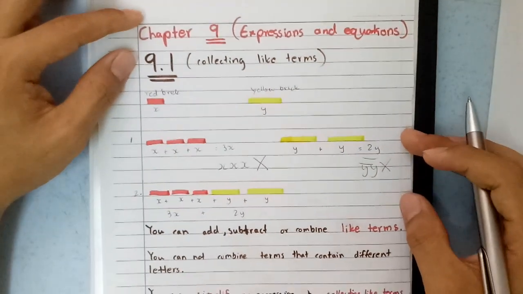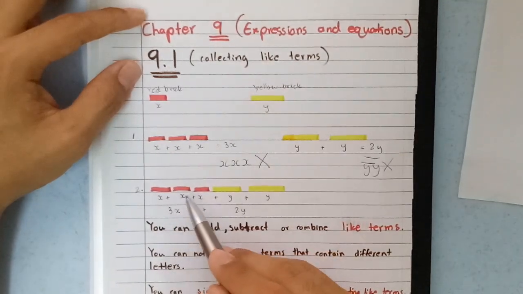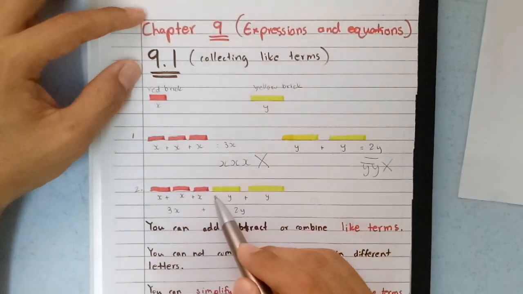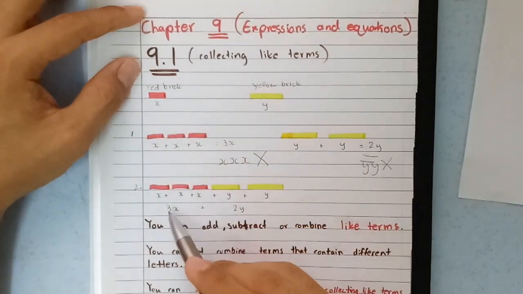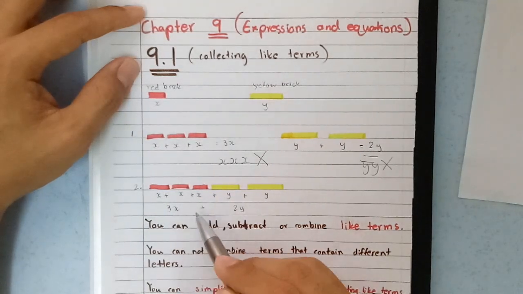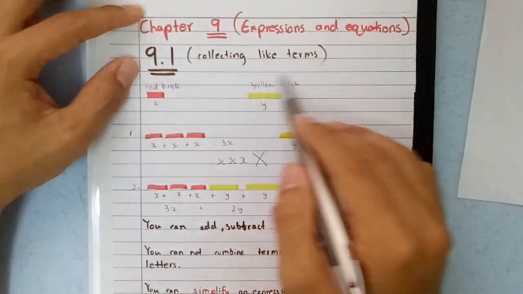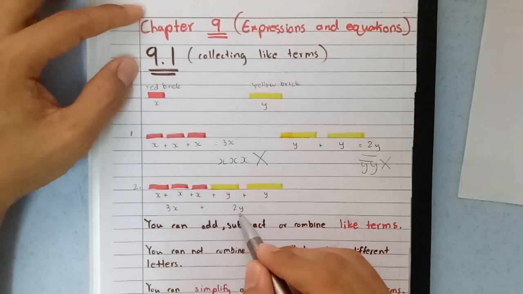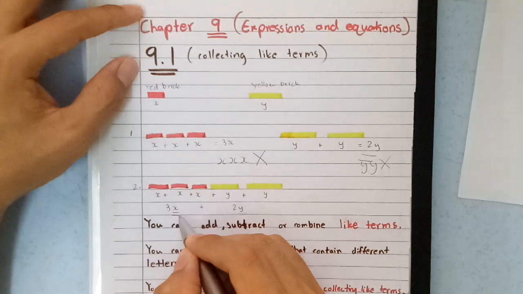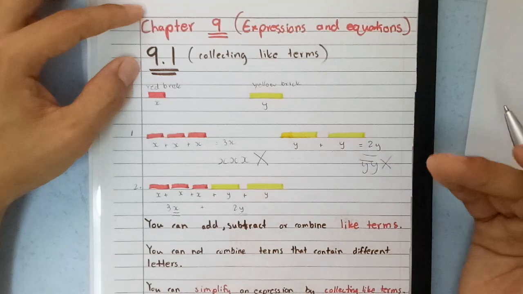For question 2, I combine them together. I have 3 red bricks and 2 yellow bricks. Here it was separated, but here I combine them together. Same thing, you add 3X together, and you get 3X plus 2Y. This is where like terms come in. You have Y here and X here, so they are 2 different things, which means they are not like terms.